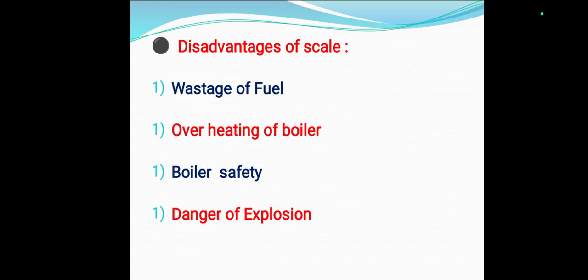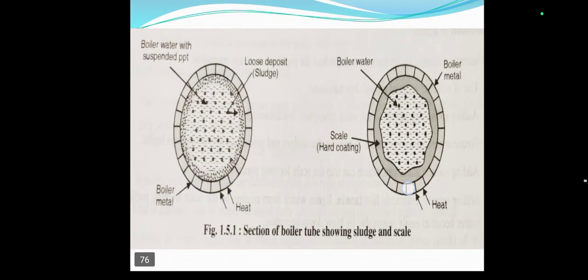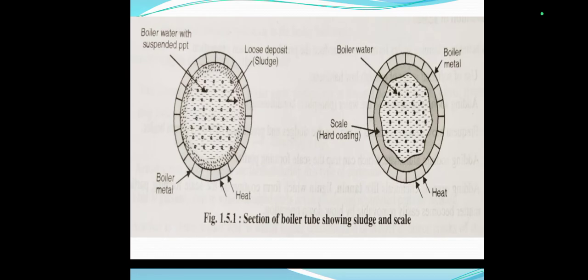Then the fourth one, danger of explosion. So there might be a chance of explosion of the boiler. How? Because at the time when we overheat the boiler, scale deposition is there inside the boiler, and that scale deposition is not even. You can see the diagram, the second diagram, right? That is the scale hard coating.